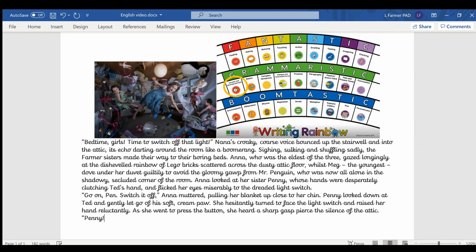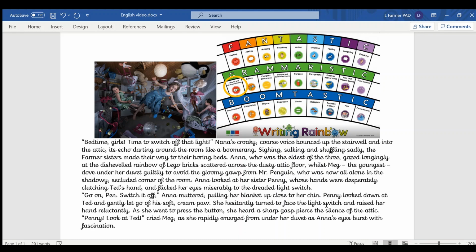"Penny, look at Ted," cried Meg, as she rapidly emerged from under her duvet, as Anna's eyes burst with fascination.